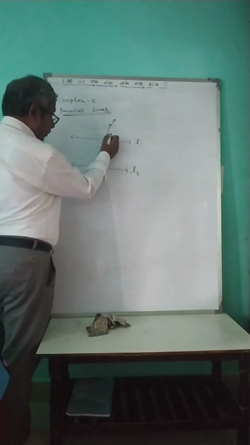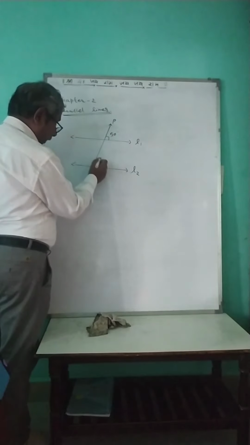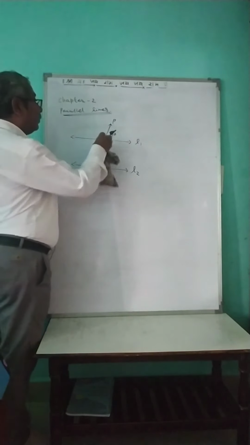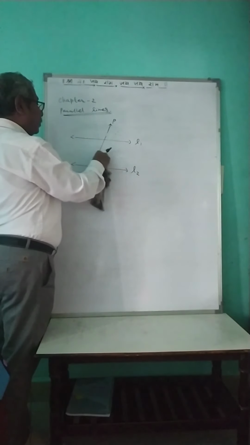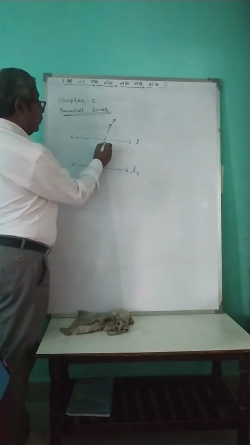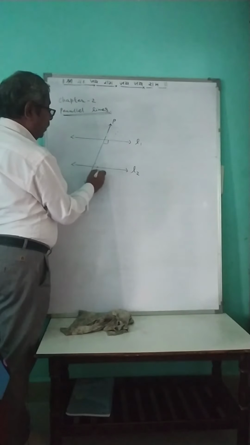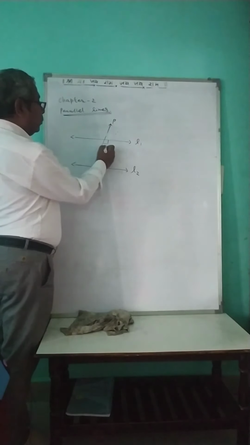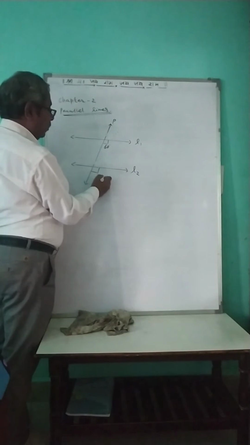That means equal. Suppose this is 50 degrees, then this is also 50 degrees. Similarly, these two are also corresponding angles. So if this is 60 degrees, then this is also 60.